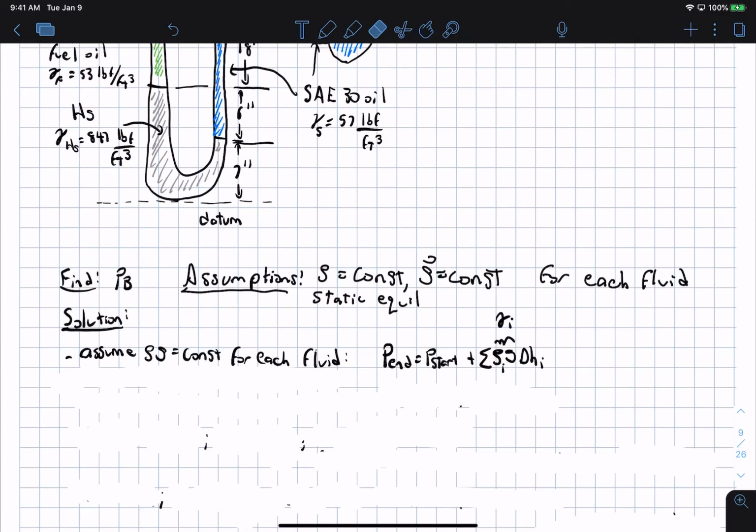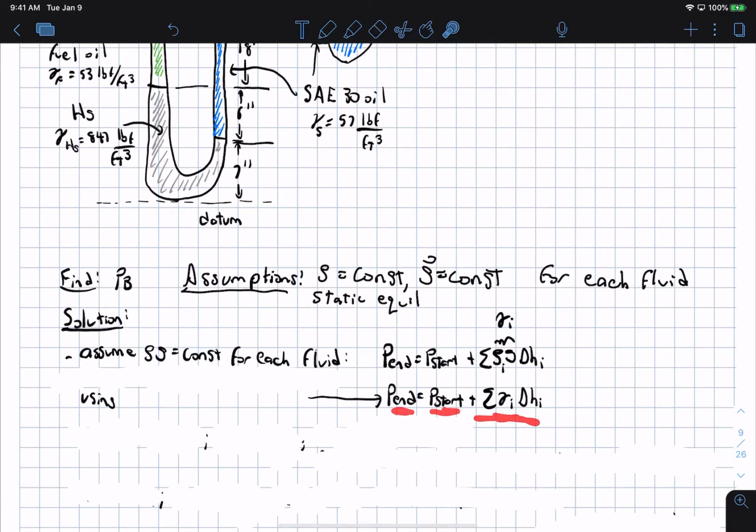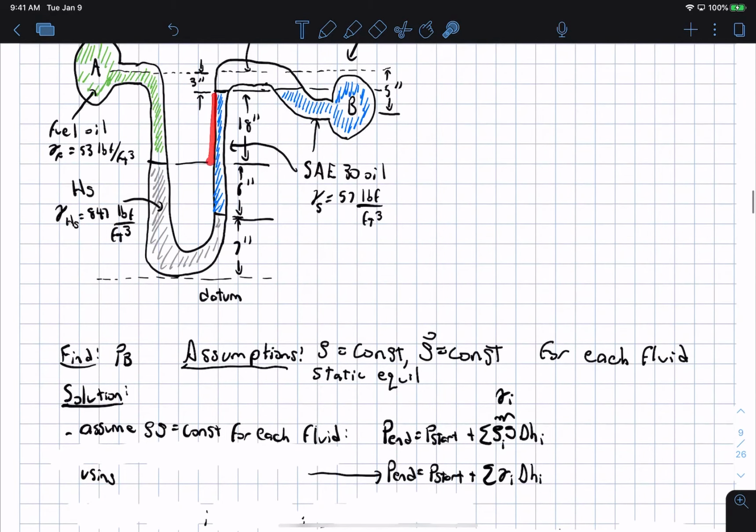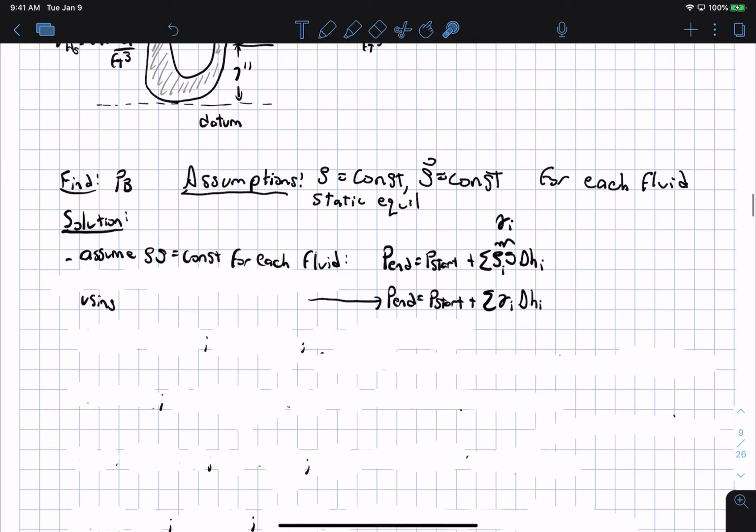So you can substitute that in, and then P end is equal to P start plus the sum of the specific weight times the change of height for each fluid. And in this case, the change of height version is actually a little bit easier to use than the other method, but you could use either. Your call.